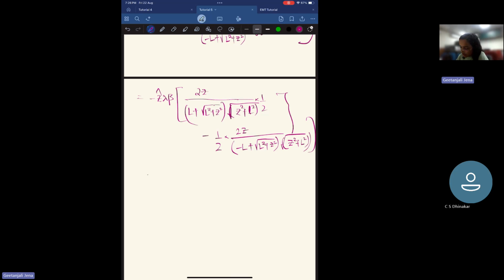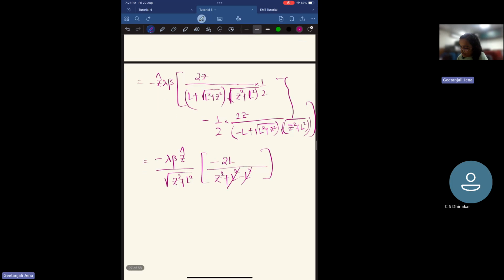I'm writing the final one: lambda beta z, square plus L square, minus 2 z square plus L square, minus x. We will get this. Okay, solve it.